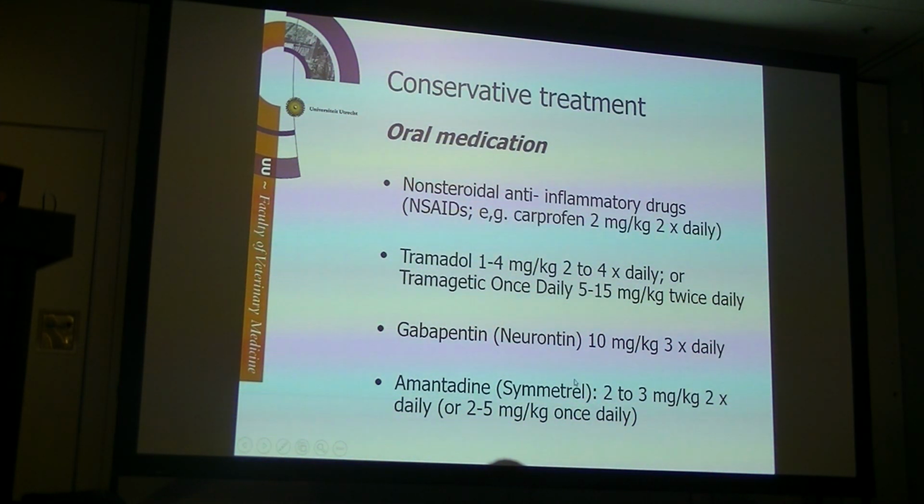And if that doesn't work, we can even add amantadine, which is Symmetrel. And some of these dogs are managed on 3 or 4 medications to get them pain-free. The most common combination is the NSAIDs with tramadol and gabapentin. That's the most common. I think it's quite rare that we have to add a 4th medication to that.